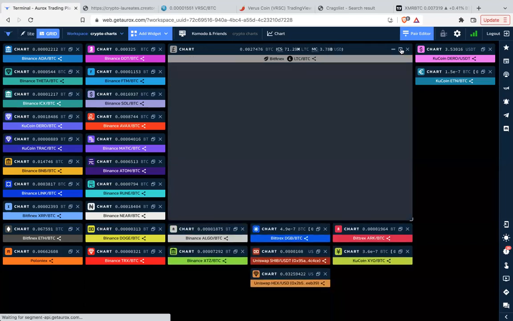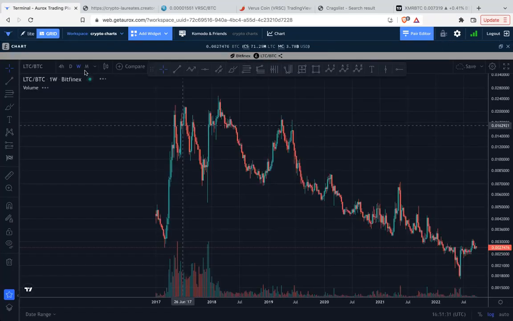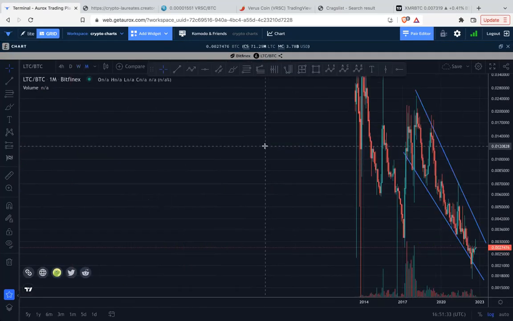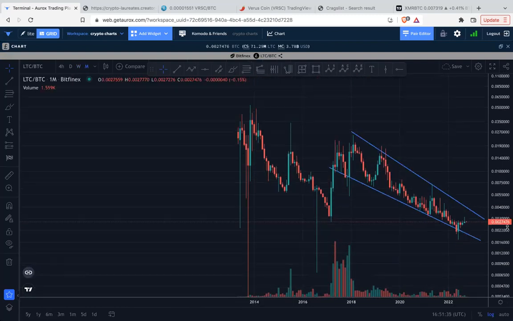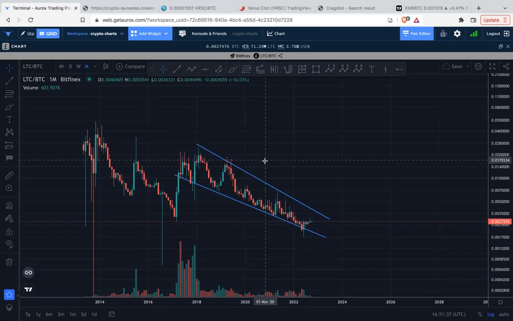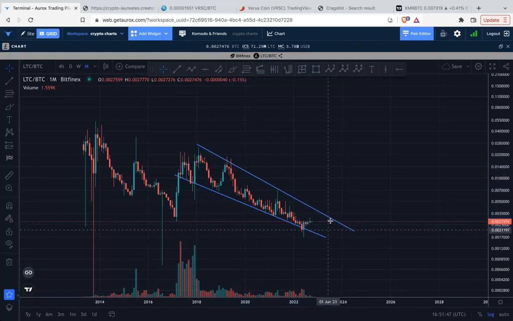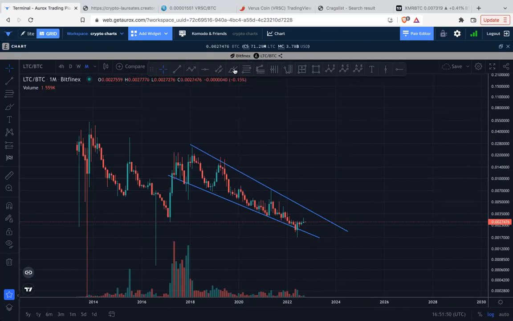For our friends at LTC, let's take a look at the LTC. Well, you've got this big down wedge price energy here. So my sense is you're going to break it to the upside eventually, and look for 2024, 2025 to be that type of time frame. So yeah, here's LTC.